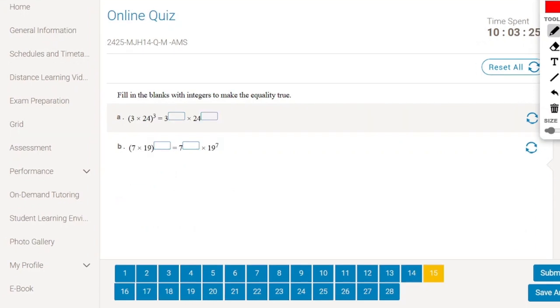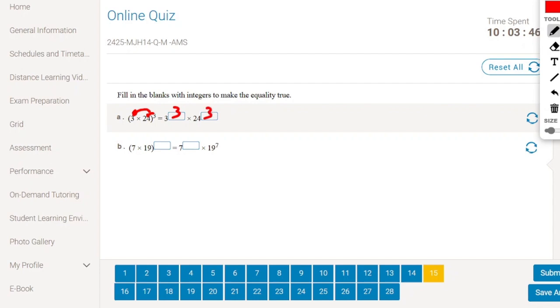Question number 15. Fill in the blanks with integers to make the equality true. I have (3 multiply 24) all power of 3. What does it mean? It means 3 power of 3 multiply 24 power of 3.